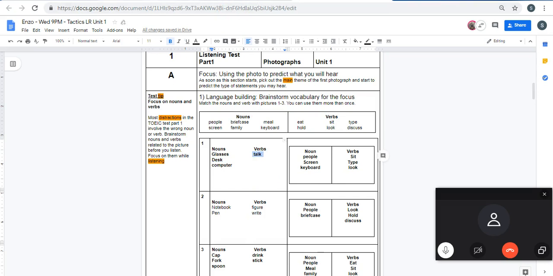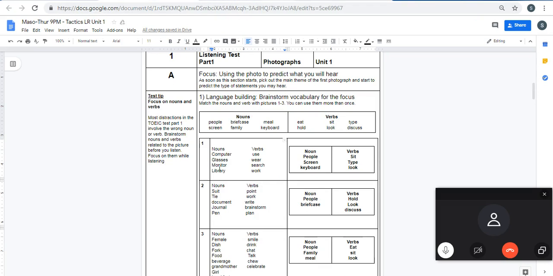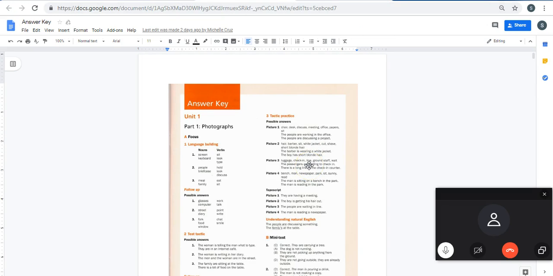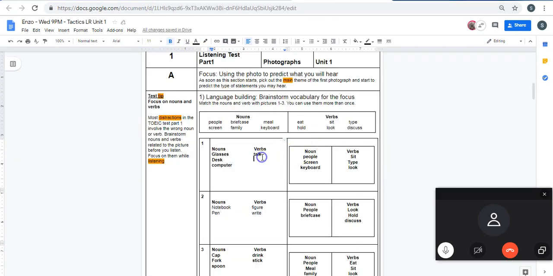It can be that the woman is telling the man what to type. What else can you think of as other verbs? It can be that they are working. Yeah, maybe they are working.